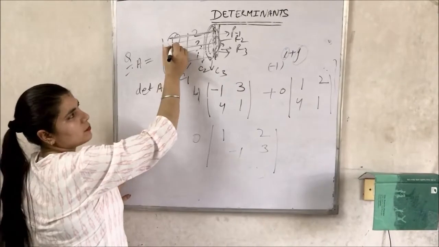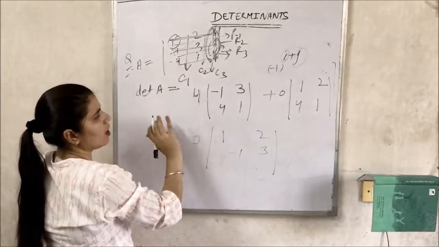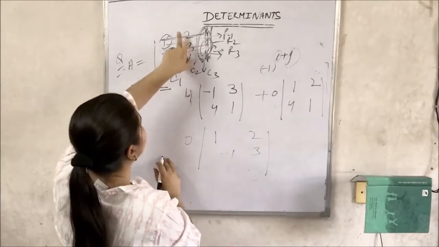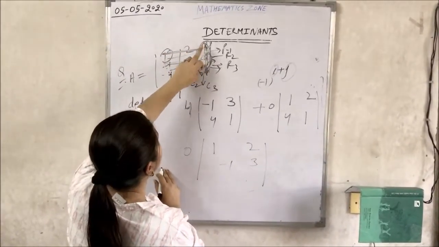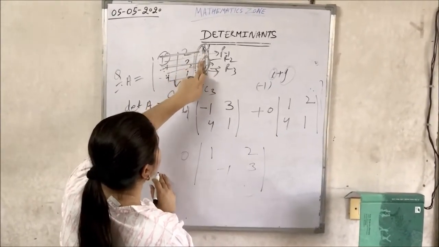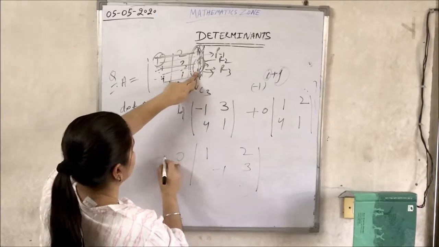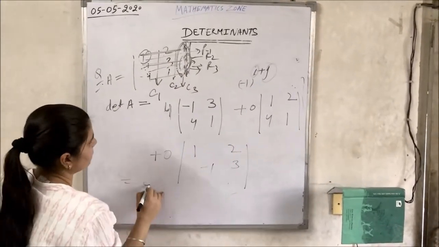So here the first is positive, second negative, third positive. So you have to calculate it.